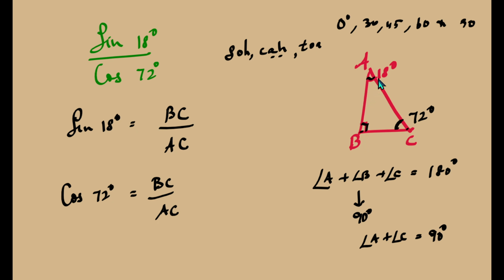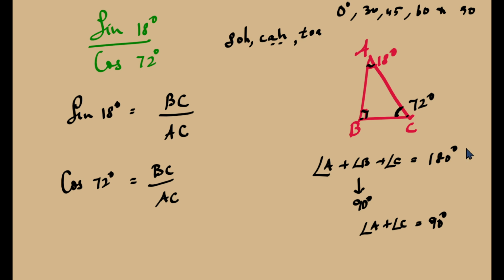The side which is opposite to 18 degrees is adjacent to 72 degrees. So both of them are equal. So what do we infer from this? We have evaluated sine 18 by cos 72. It is equal to 1, isn't it? Because both are equal, it's equal to 1.